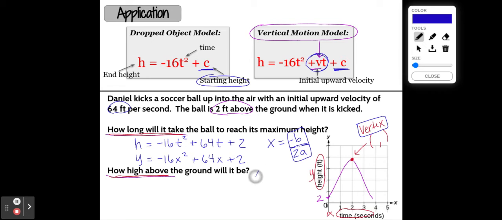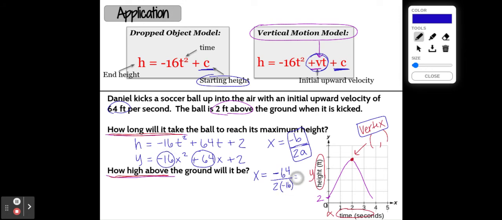So we've got x equals negative b. The b value is 64. So negative 64 over 2 times a, and our a is negative 16.